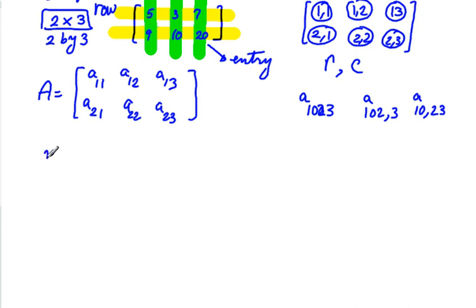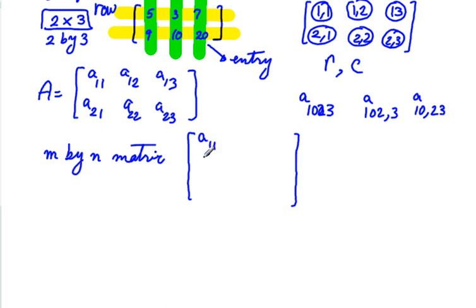Now we might go even more general than this. We might talk about an M by N matrix. So in this case we have 2 rows and 3 columns, but of course I could have any number of rows and any number of columns. Since I am not specifying how many rows I got, I am forced into a situation like this. I say this is row 1, column 1. So this is second row, column 1.